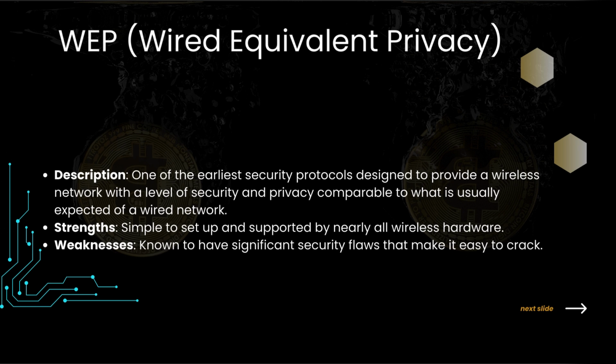WEP, Wired Equivalent Privacy, is one of the earliest security protocols, designed to provide a wireless network with a level of security and privacy comparable to what is usually expected of a wired network. It is simple to set up and supported by nearly all wireless hardware, but its weakness is that it has significant security flaws that make it easy to crack.